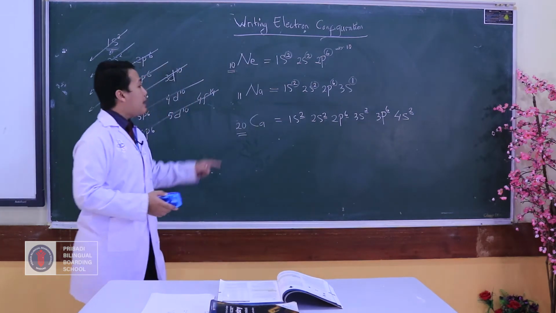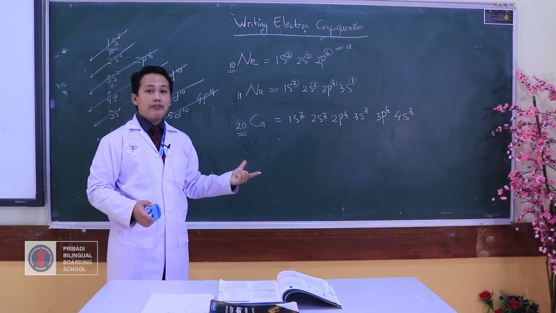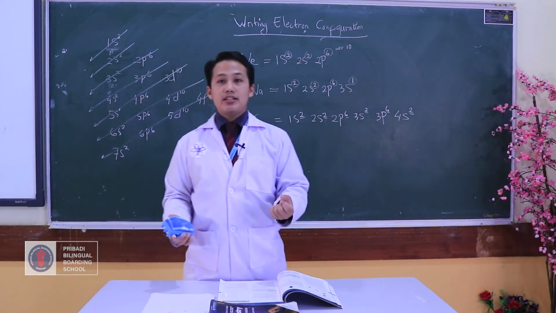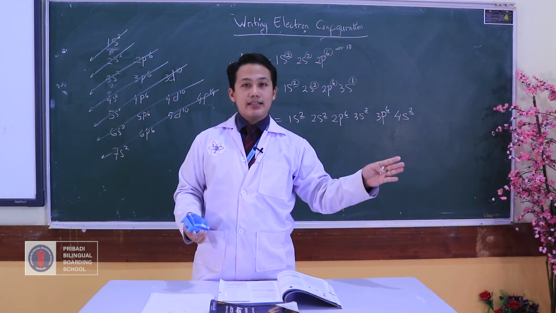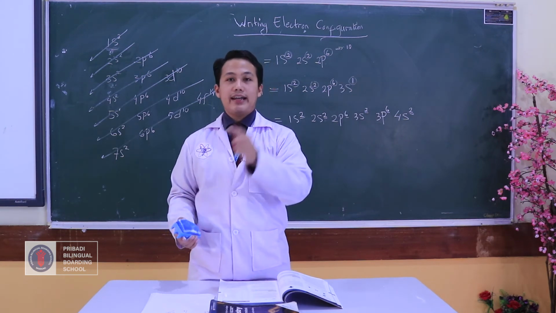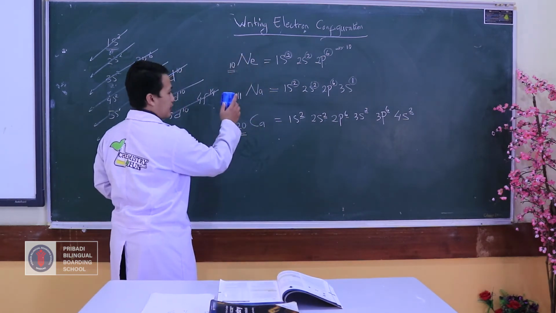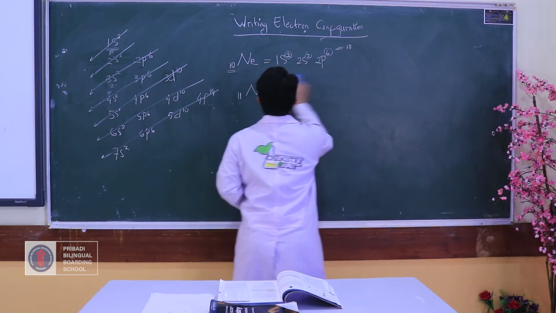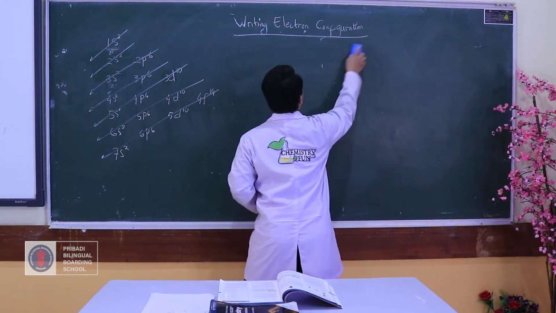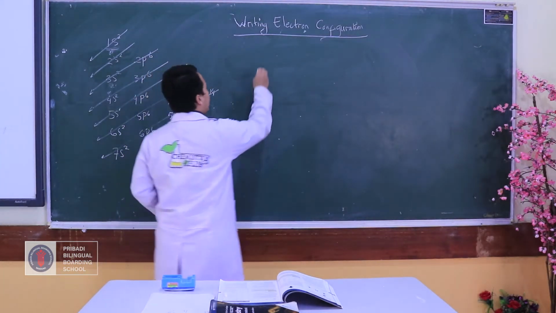So now we will try another question, but here we have a neutral element. What about if we have ions? And we know that ions are categorized into 2: there is an anion and there is a cation. An anion is a negative one, a cation is a positive one. So here I'll just erase this. I'll give you one example.